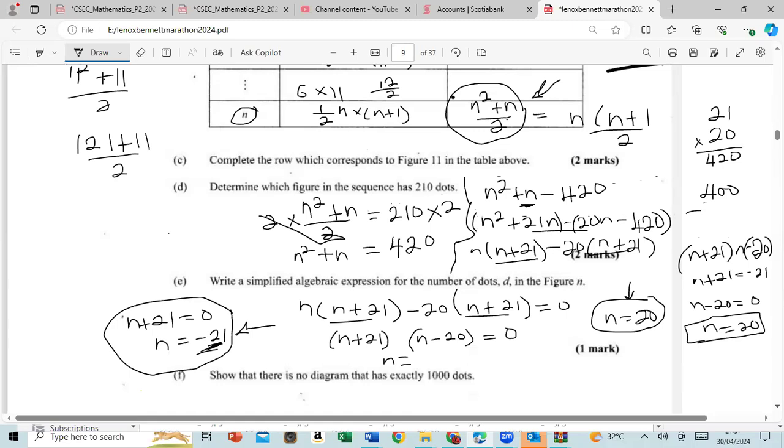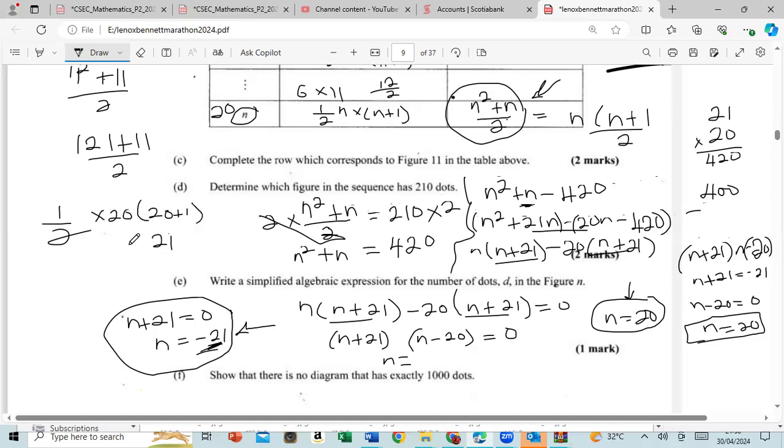Alright, let's proceed. Bear in mind that n we found is 20, right? So anywhere n is there, you have to put the 20. 20 times bracket 20 plus 1. But we know how they got this in the first place: they add the bracket and then divide by 2.